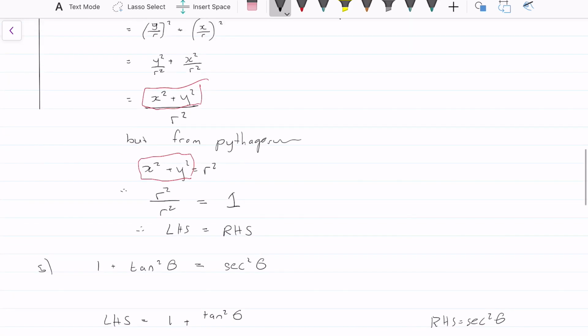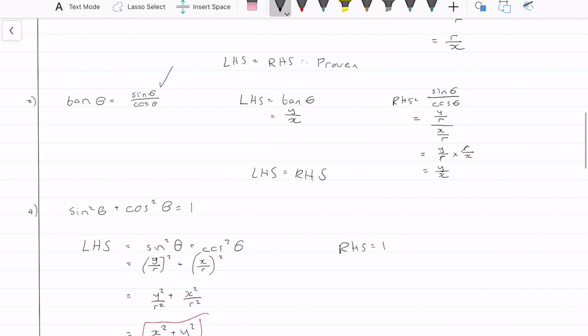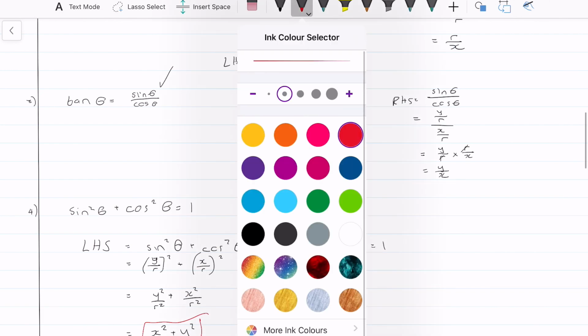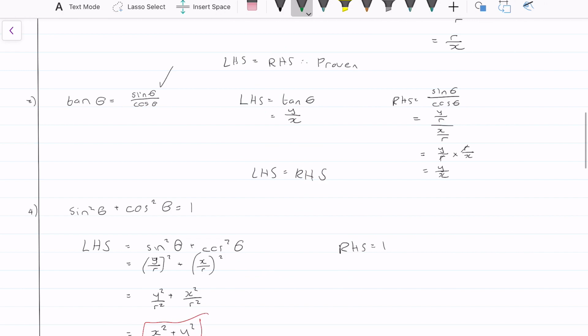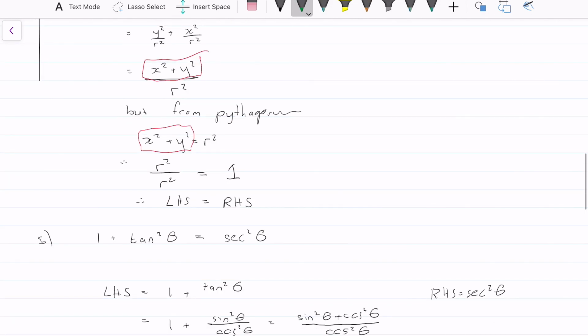Okay, so yeah, these identities are important, and it's also important that we're able to see them when they're written in other ways. For example, this can be written as cos squared theta equals 1 minus sine squared theta. That came in useful before. In the question before, we can see that this can be written as, let's put a 1 by itself, sec squared theta minus tan squared theta equals 1.